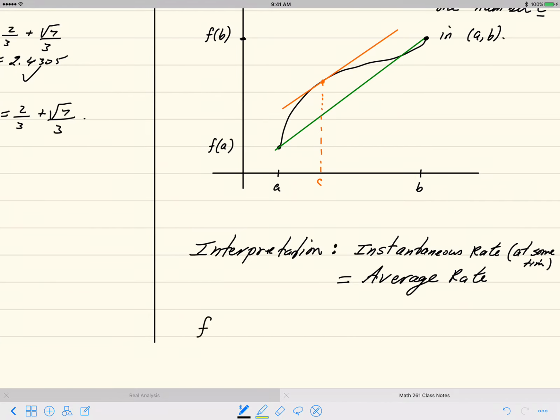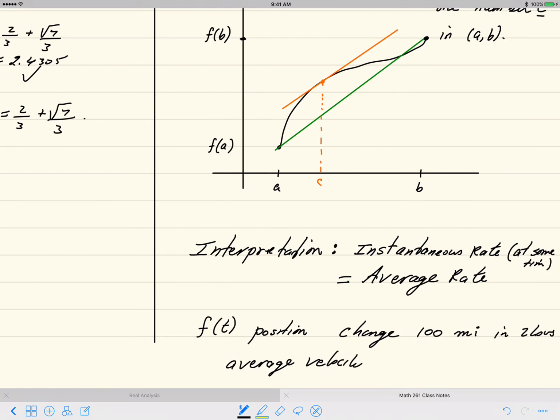So for example, if f of t is the position, okay, and let's say you travel 100 miles in 2 hours, okay, that means your average velocity is 50 miles per hour.